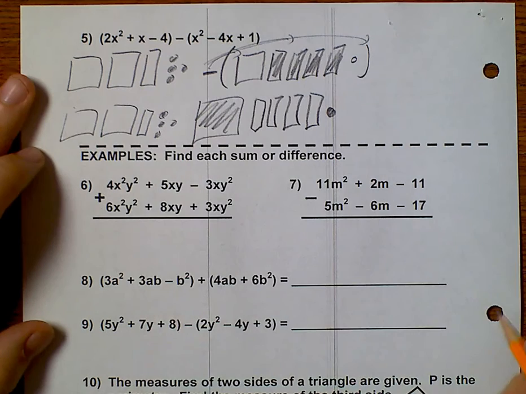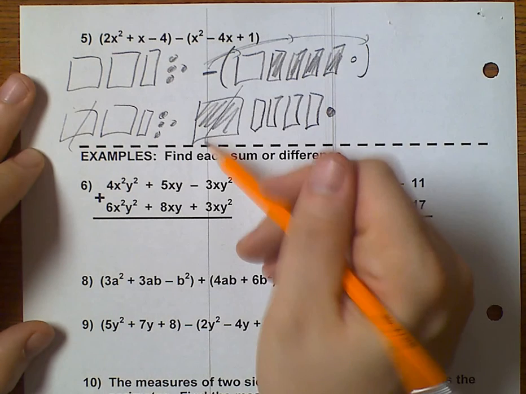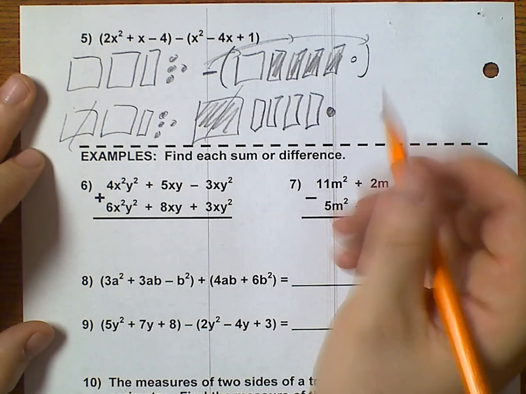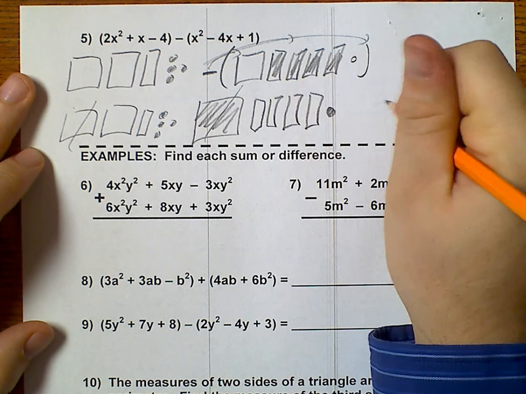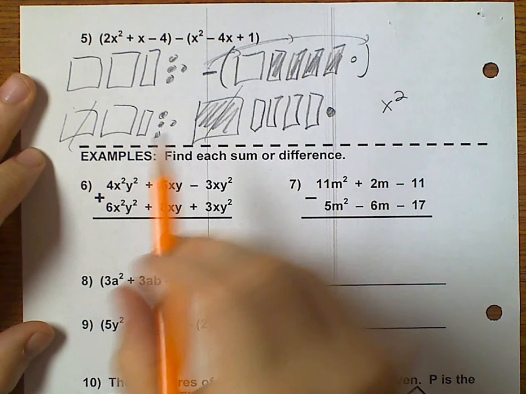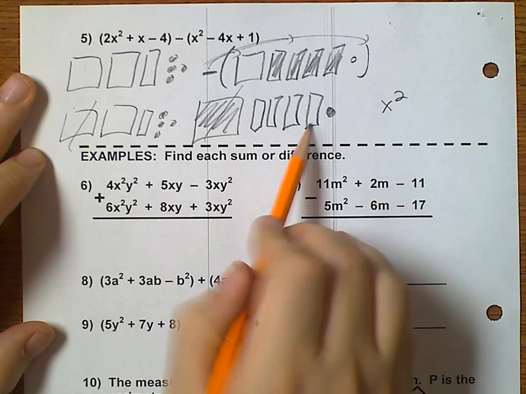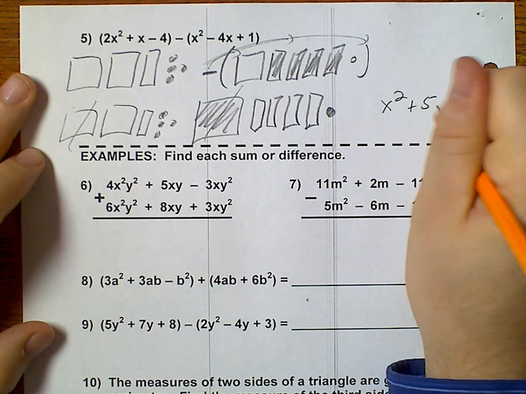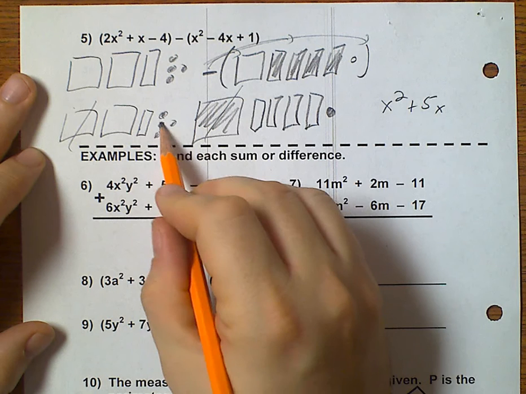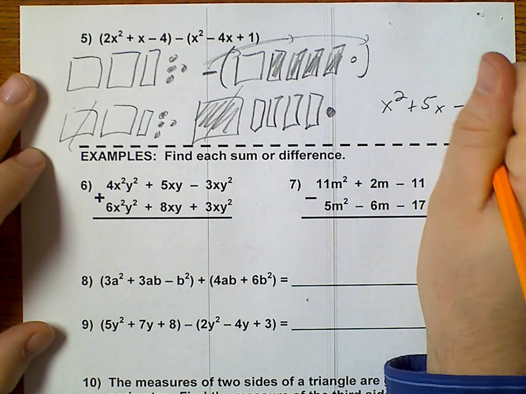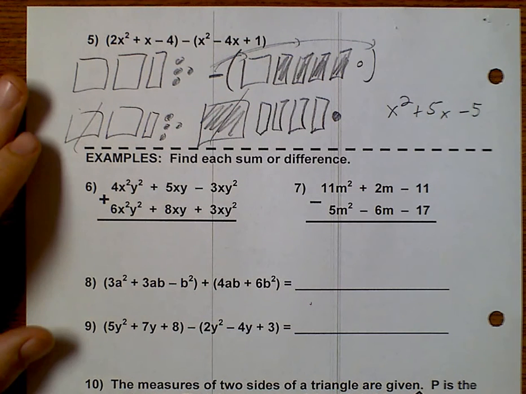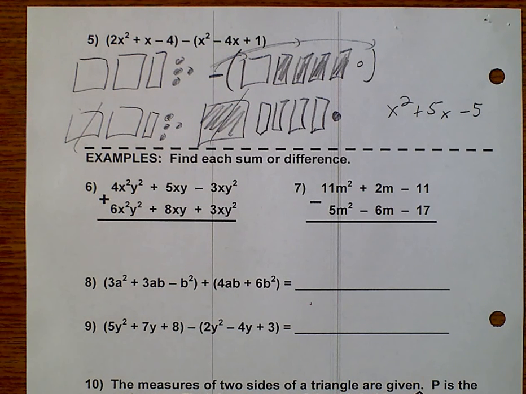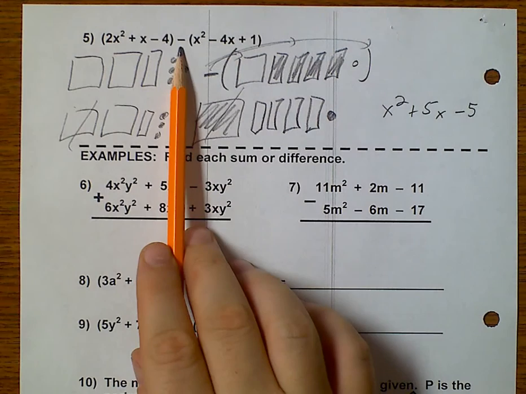And now when we combine, well, those cancel, leaving us with just x squared. And then 1, 2, 3, 4, 5x, all positive. And 1, 2, 3, 4, negative 5 ones. And so, it gets a little tricky when you see this minus sign, you want to distribute the negative.